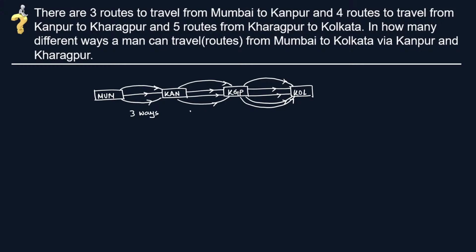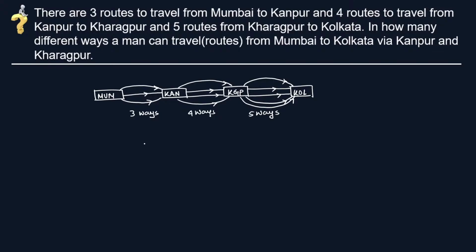So there are 4 ways to reach Kharagpur from Kanpur. Now the person has reached Kharagpur by taking any one route. From Kharagpur to Kolkata, we have 5 routes. Now if he wants to reach Kolkata, he has to choose any one route among these 5 routes. So there are 5 ways to reach Kolkata from Kharagpur.